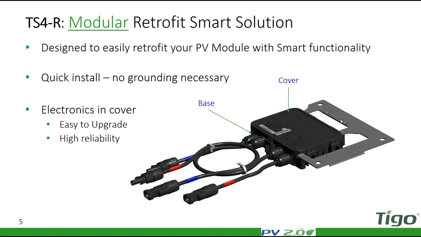The only thing that's metal here and that somehow touches your array is this metal bracket, and inside it's just mounted inside a plastic jacket. All the electronics inside is completely floating, relative only to the module, and therefore no grounding necessary. The easiest to actually mount and place on a panel.